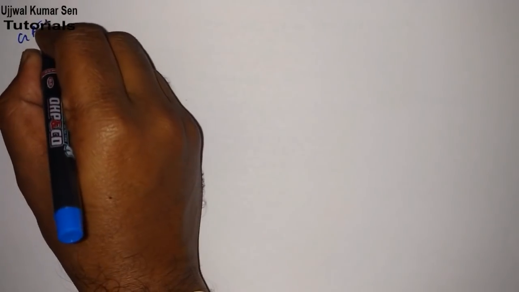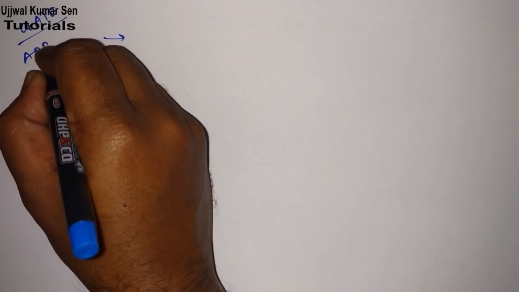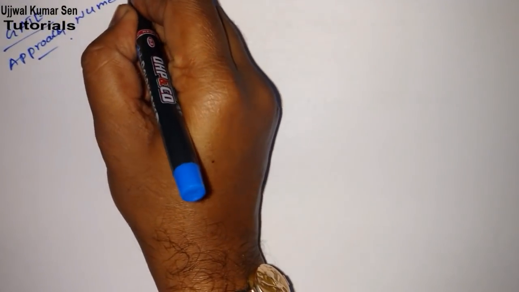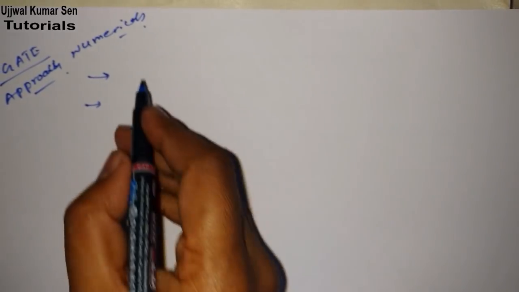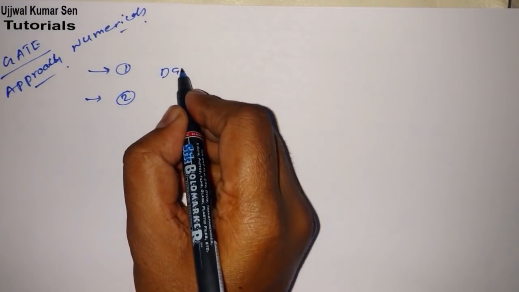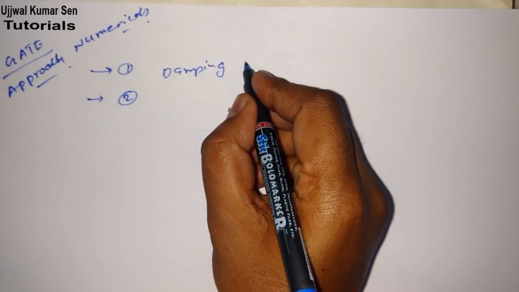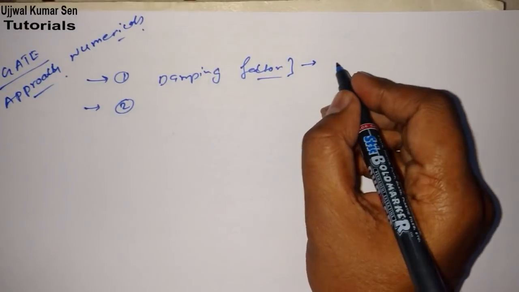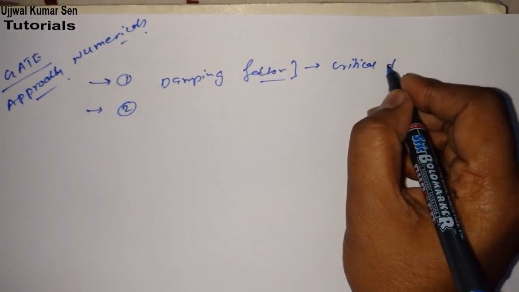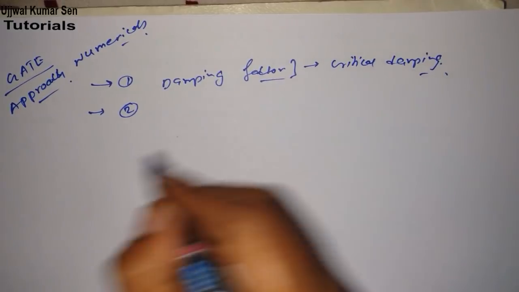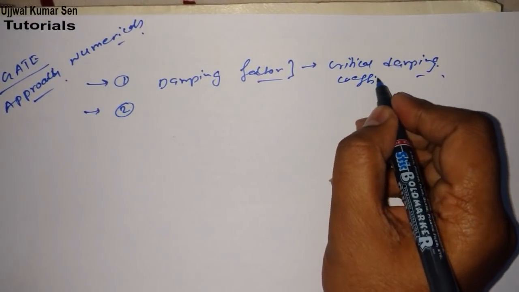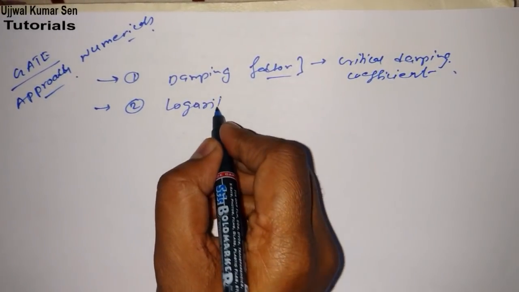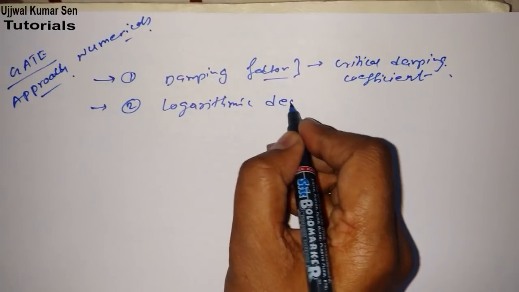This is Ujjwal Kumar Sen, and in this video tutorial we are going to learn about 2 topics as well as GATE problems and an approach to solve numericals, right? So those topics are, first is damping factor and related things, and next, in the question they have asked for critical damping coefficient, and next is logarithmic decrement.